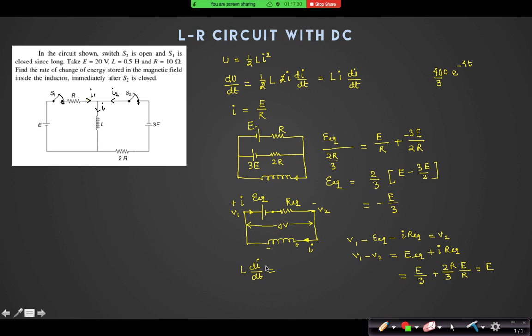Yes or no? So what is the magnitude only of the L di by dt that I have to calculate? It is E. So I think the answer of dU by dt will be L into i into di by dt, which is E by L, so E square by R should be your answer.